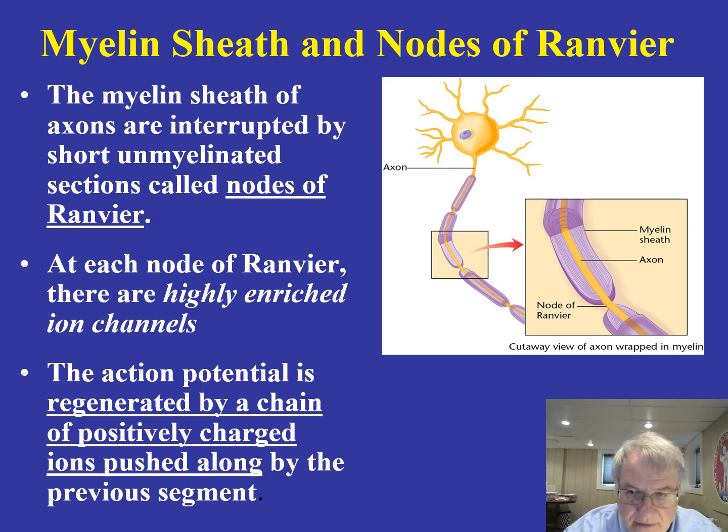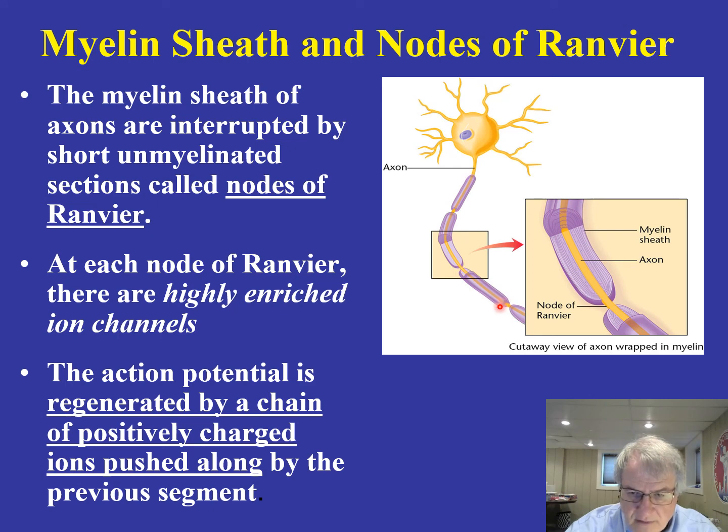So the myelin sheath you see right here covers the axon, and these little gaps are called the nodes of Ranvier. These interruptions, if you will, are unmyelinated sections, and there are very enriched ion channels in each one of these nodes.